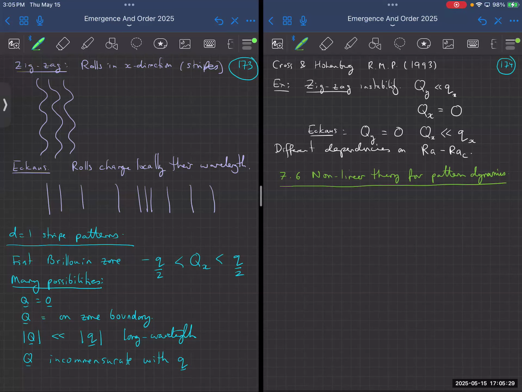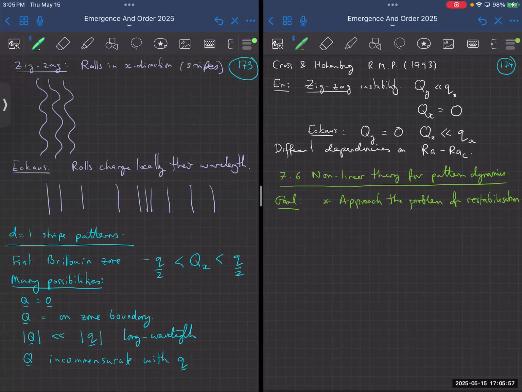So what we're going to do in this section is approach the problem of restabilization. Most people who write papers on pattern formation never go beyond linear theory. It's already so complicated, okay? But we're going to go beyond it.